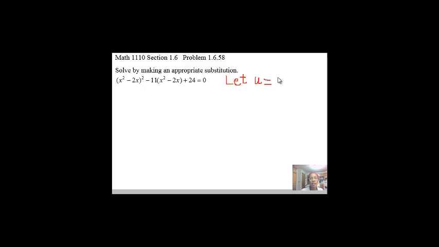So we're going to let U equal x squared minus 2x. And what we're going to do is rewrite this equation, and wherever we see x squared minus 2x, we're going to replace that with a u.